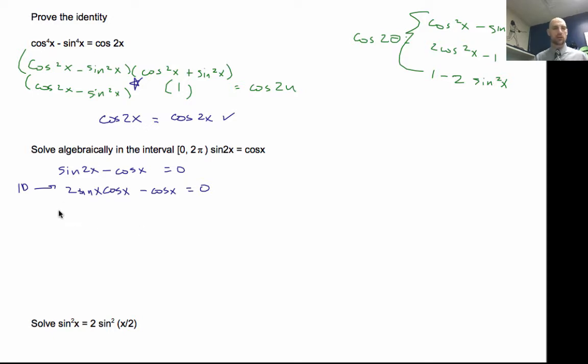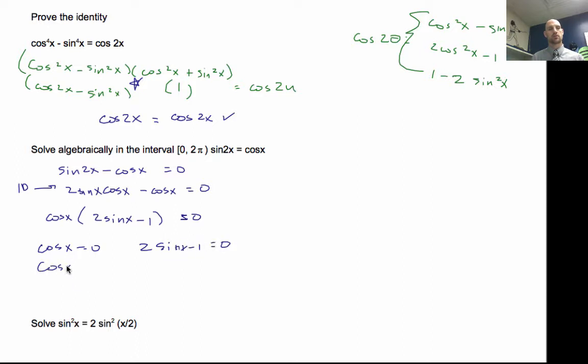So I'm going to factor out a cosine x. So cosine x times 2 sine x minus 1 equals 0. Well, what do I do with this? Anytime something is equal to 0, I can factor it and set the pieces equal to 0. So either the cosine of x is equal to 0, or 2 sine x minus 1 is equal to 0.